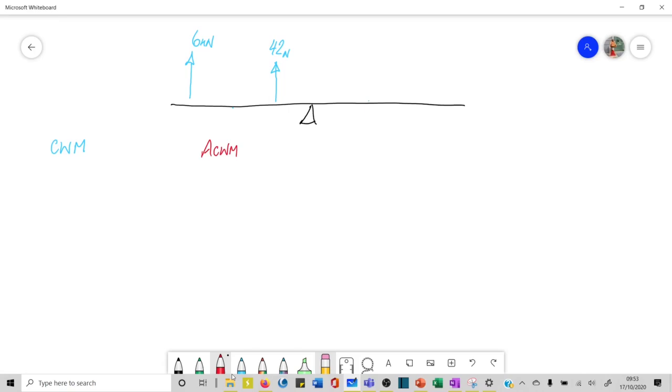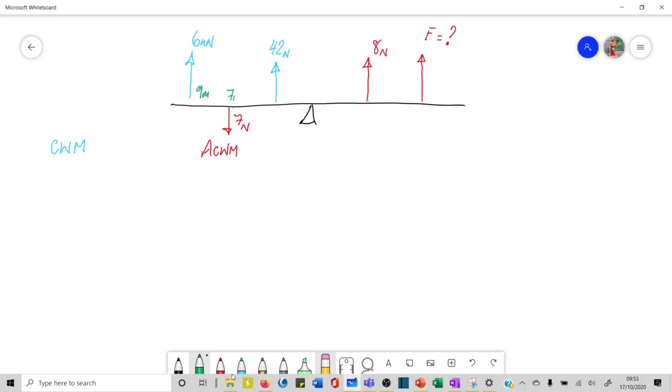So let's draw one of those. Let's draw one here, and let's say that was 7 Newton. Let's draw another one here, and let's say that's 8 Newton. And then we draw another force over here, and let's just call this F. We don't know the value of this force. Now what we need to do is put some distances in. So let's say 6 kilonewton, this is at 9 meters.